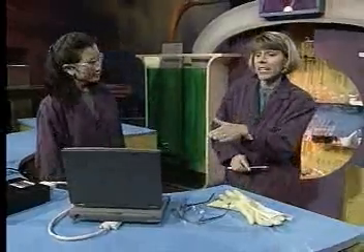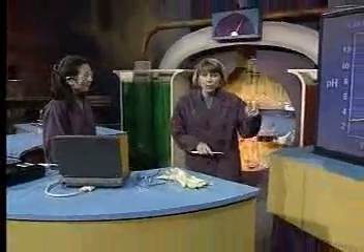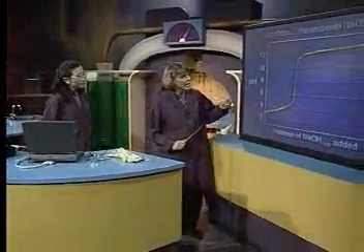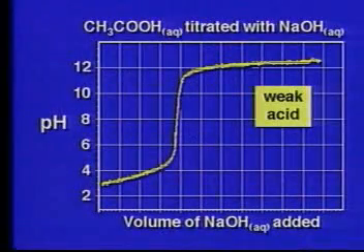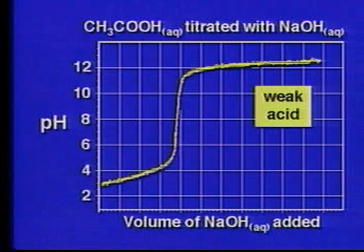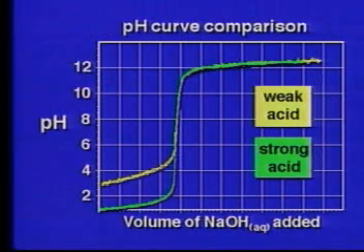Good. Now, let's take the titration curve that was just generated and redraw it. Here we have our weak acid with the strong base represented by the yellow line. Now let's compare that to the titration curve of a strong acid with a strong base represented by the green line. If we examine the rise, we can see it's much larger in a strong acid compared to that of a weak acid.